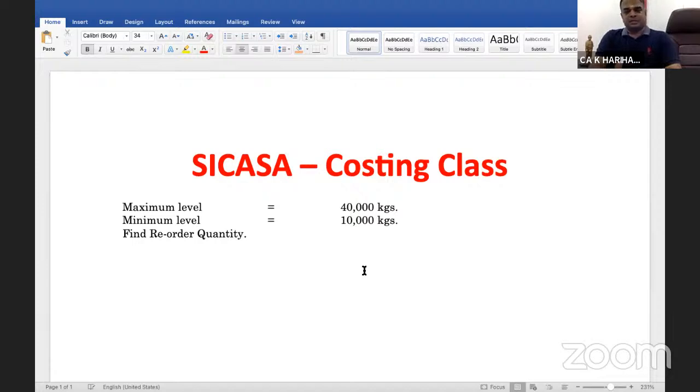Maximum level 40,000, minimum level 10,000 kgs, and we have to compute the reorder quantity. Okay. So how to solve this problem? All of you got the question?